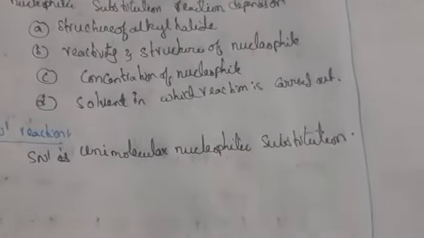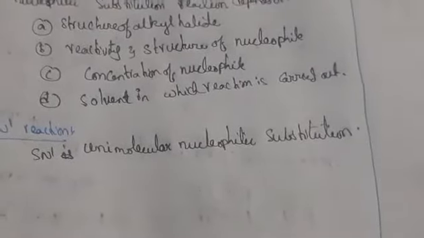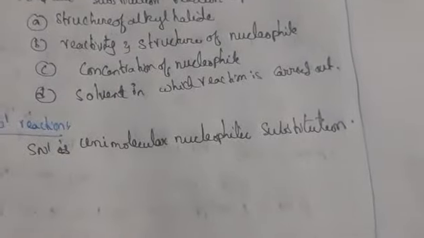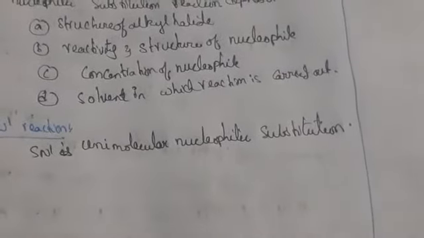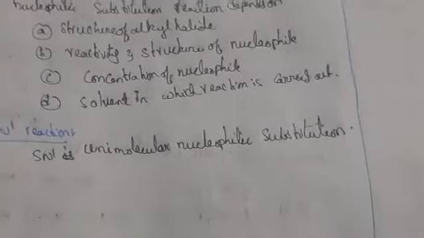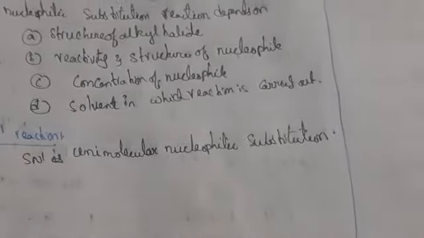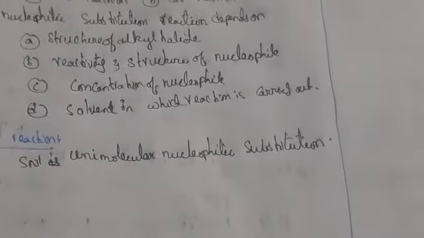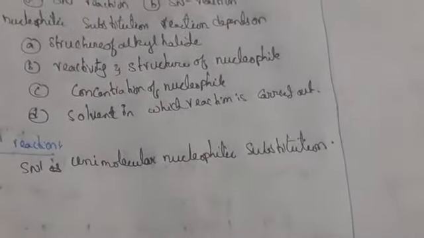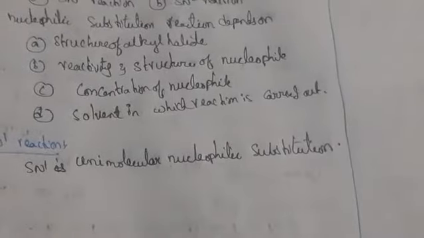Here we are going to speak about the rate. The rate depends only on the concentration of alkyl halide. It occurs in two steps. In the first step, alkyl halide undergoes ionization to form a carbocation intermediate. This step is very slow, and we call it the rate determining step.